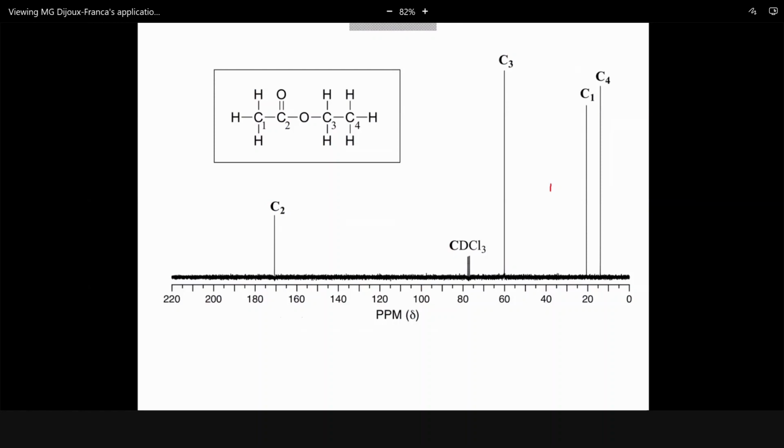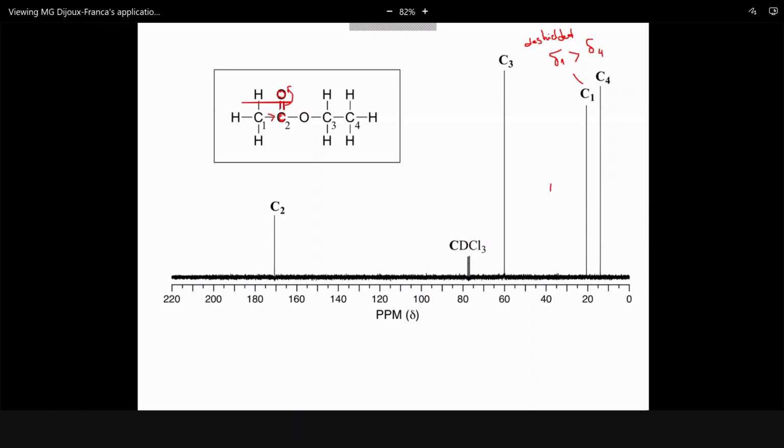Yes, carbon 1 has a chemical shift that is higher than carbon 4. So we say that it is deshielded. It is the same as for the proton. And it is deshielded because on carbon 2, we have a carboxyl group, which is a withdrawing chemical group.